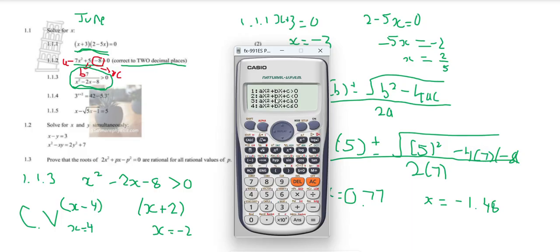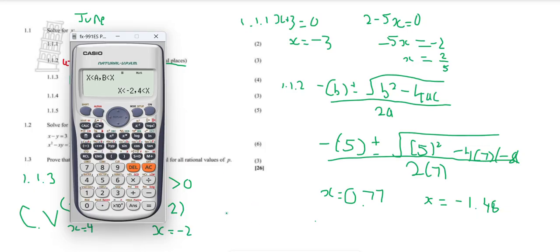Since we're dealing with just greater than, we press number 1. Once we're done with number 1, our a is 1, our b is negative 2, then our c is negative 8.